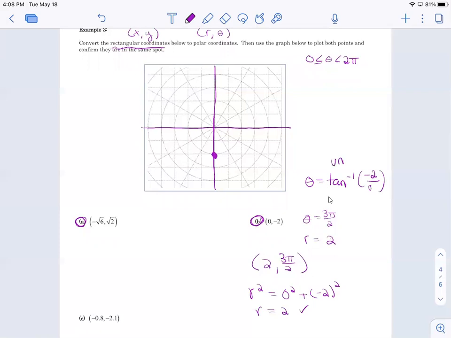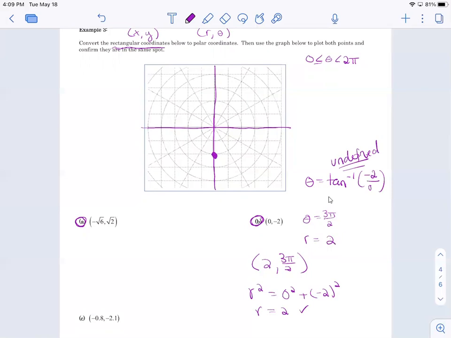This is undefined. We can't divide by 0. But we know from the unit circle that that's 3 pi over 2. And we also know that tangent's undefined at pi over 2 and 3 pi over 2. So you want to think about location too before you decide your angle.